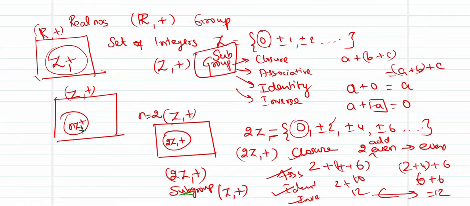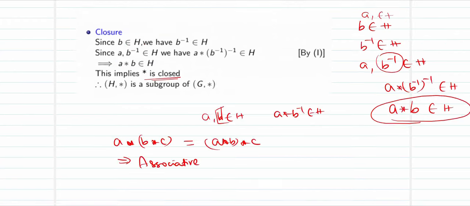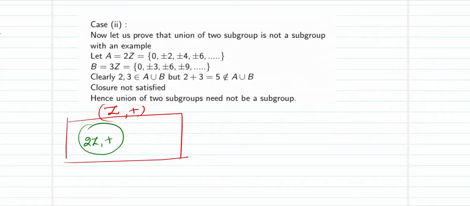Not necessarily 2, you take nZ, n being any positive integer, that will again form a subgroup. In which case over here I am going to now take one more copy, which is called 3Z, with respect to the same binary operation, addition.